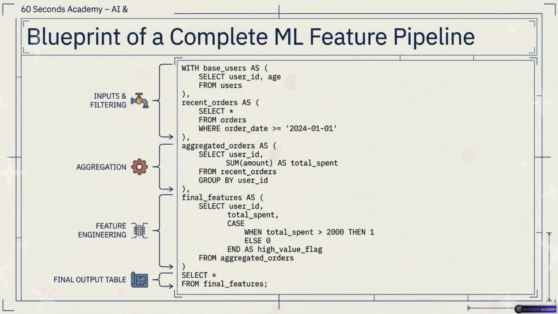You say clean_data equals remove nulls from raw_data, and then aggregated_data equals calculate sums from clean_data. Right. Well, CTEs do the exact same thing for SQL. They define the logic step by step, but the database doesn't actually execute and cook the data until the final select statement at the very bottom calls for it. Oh, wow. Okay, that makes a ton of sense. It actually reads top to bottom like a script.